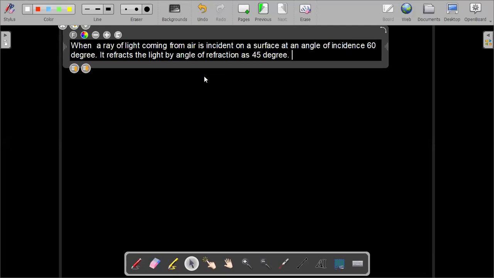Okay. So you have to find the refractive index. Find the refractive index.